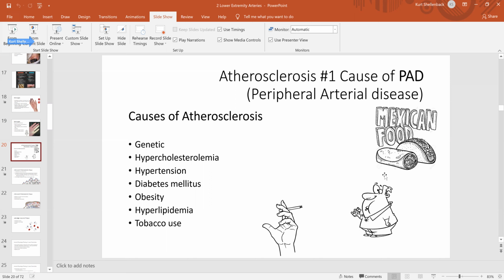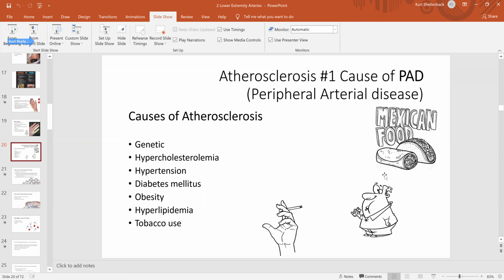Some people watch their cholesterol intake, and cholesterol is a completely normal, useful molecule. There's usually something else going on. It's not so much your cholesterol intake.